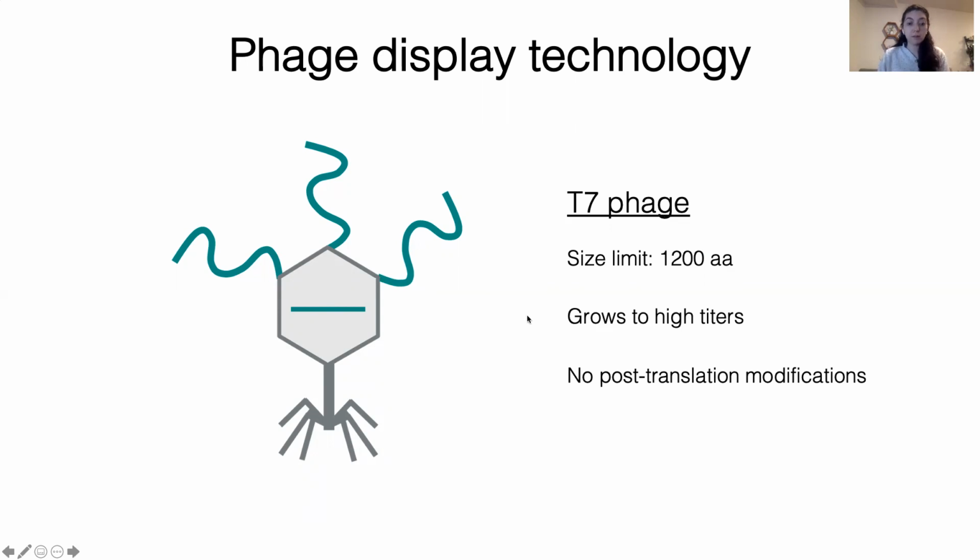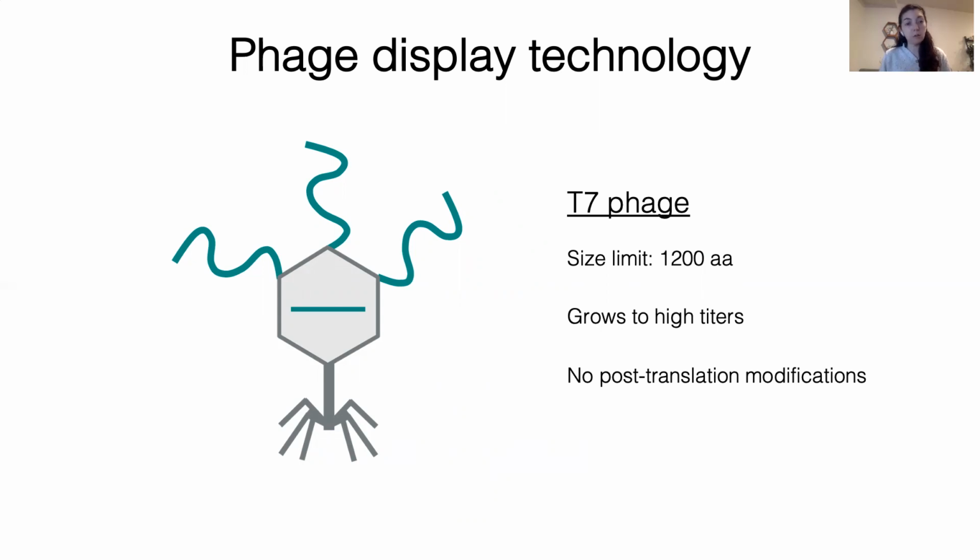The libraries that I'm going to talk about today are focused on the expression of short peptides, but I just want to note that the size limit of the T7 bacteriophage is actually 1.2 kb, so they can express proteins of a much larger size. One advantage of the T7 bacteriophage system is that they grow up to really high titers, and that means that you can perform experiments in a really small volume.